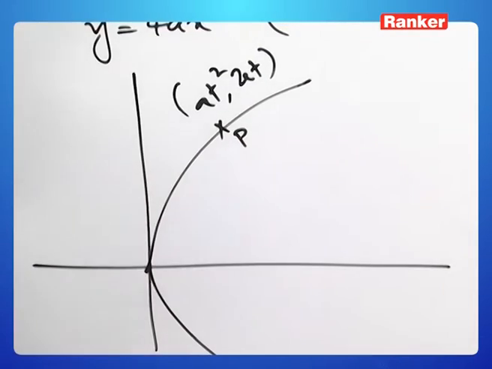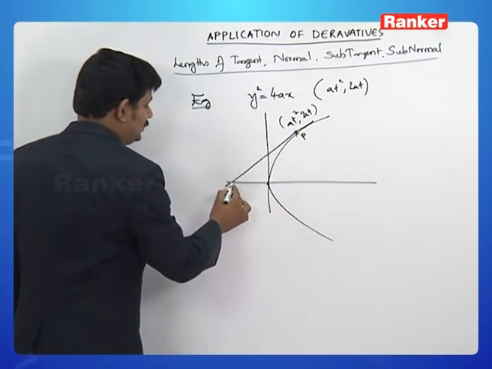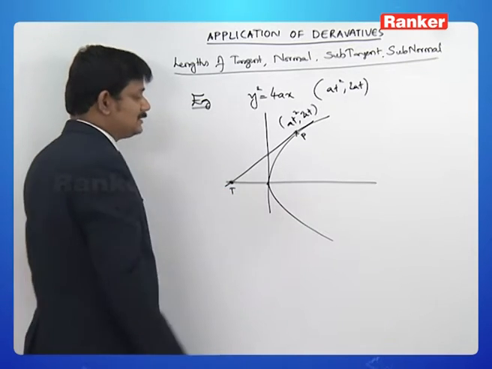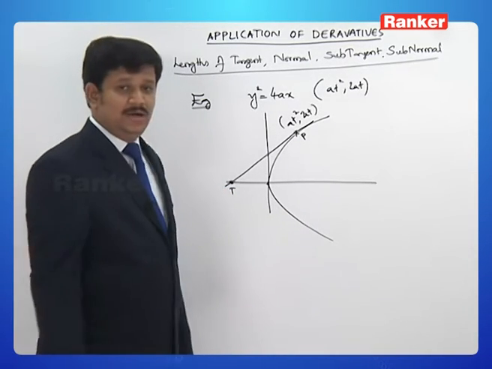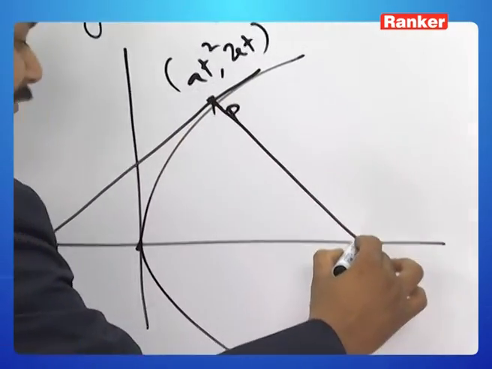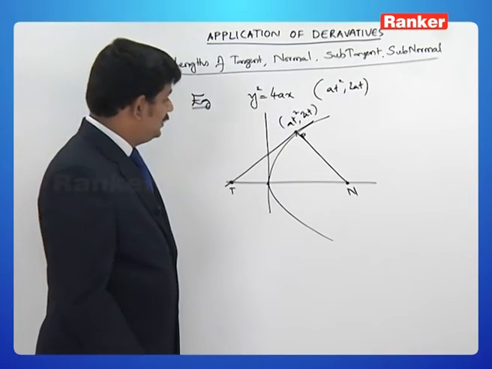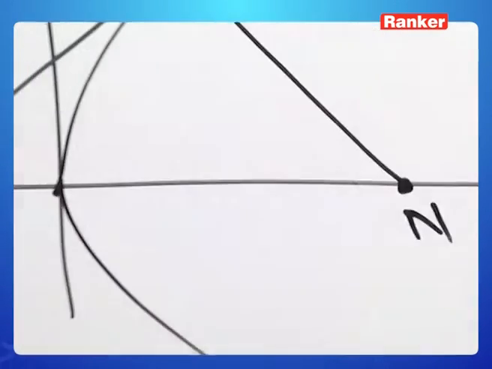Let's call this point P. When we draw the tangent at P to cut the x-axis at T, PT is called the length of the tangent. The normal at P, if it cuts the x-axis at N, PN is called the length of the normal.